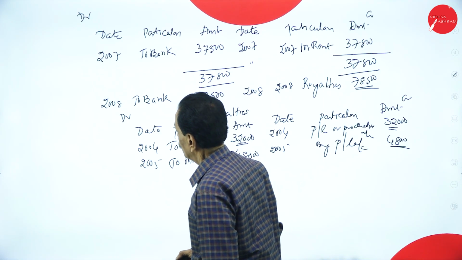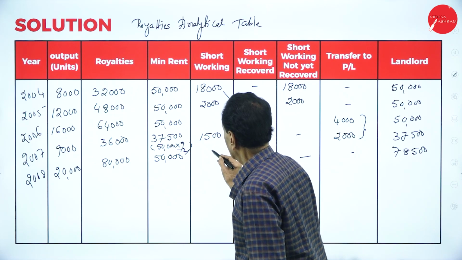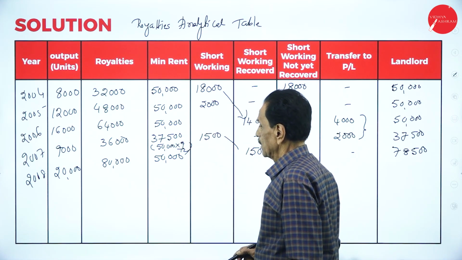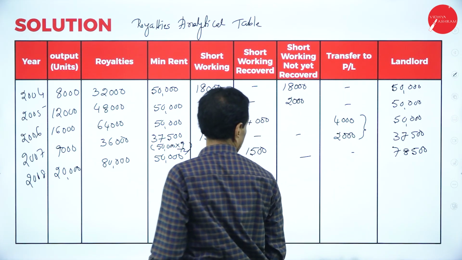Then 2007, royalty account debit, short working account debit, royalty to minimum rent.